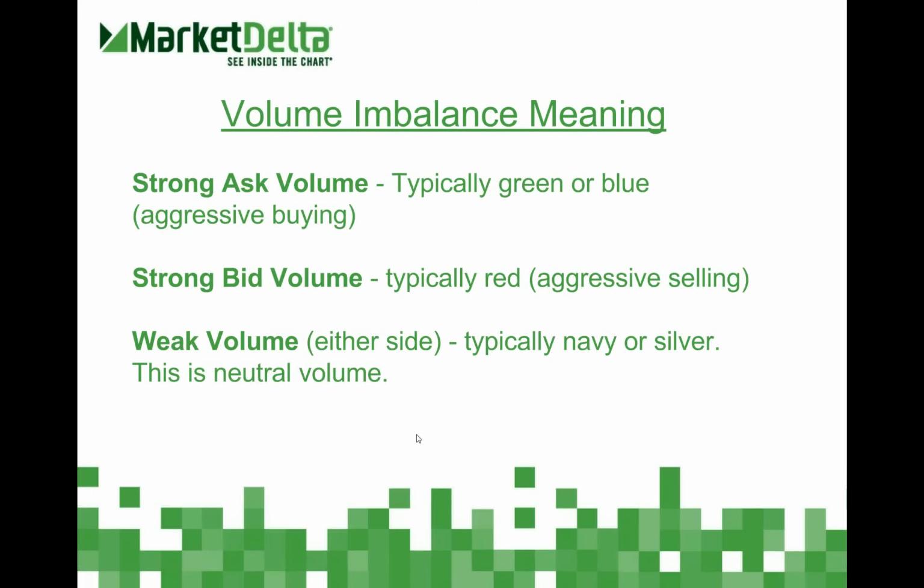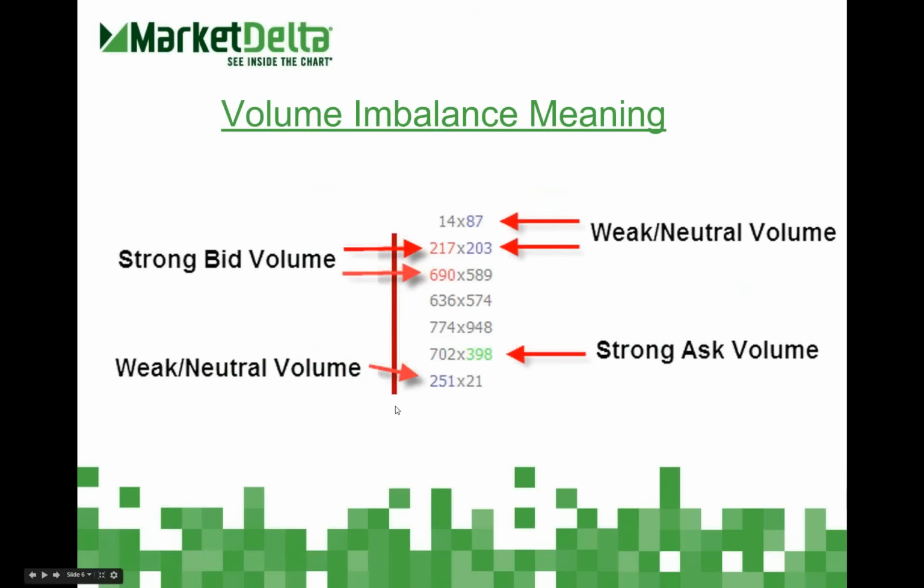So here are just definitions of the terms that I was just using. The strong ask volume is typically green or blue, which represents aggressive buying. The strong bid volume is typically red, meaning aggressive selling. And the weak volume, either side, is typically navy or silver. That's neutral volume. So if I go back, you can see this was the navy, this is that weak or neutral, and this was the strong bid volume.